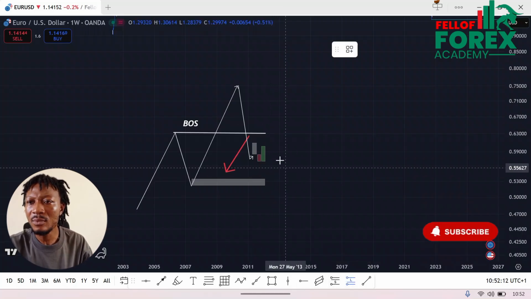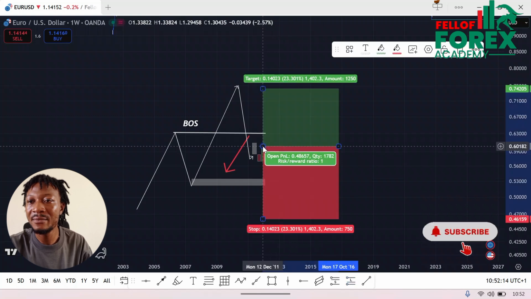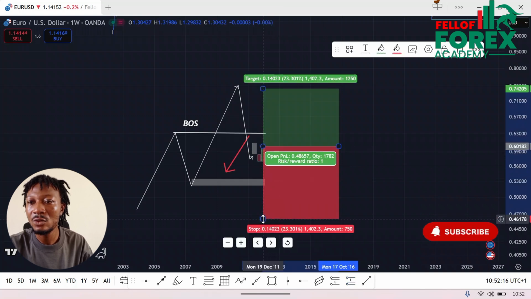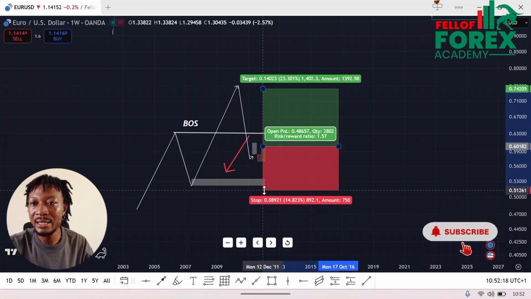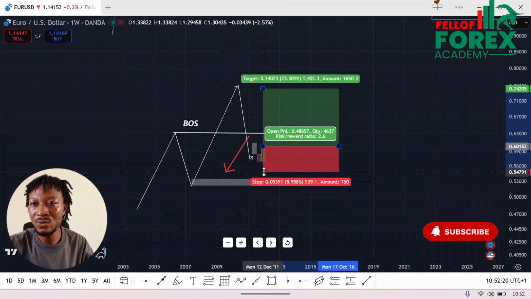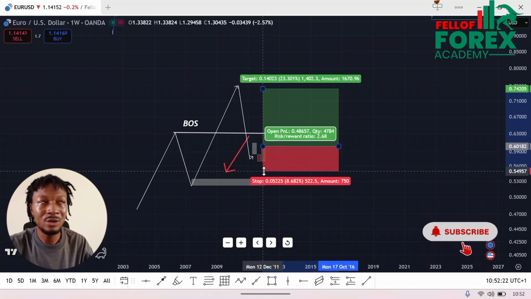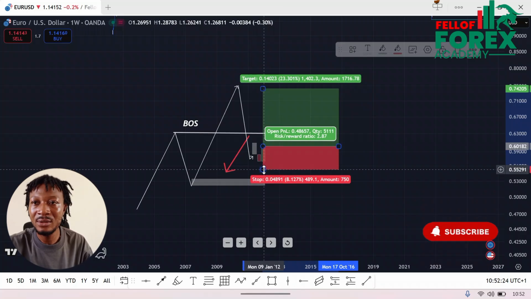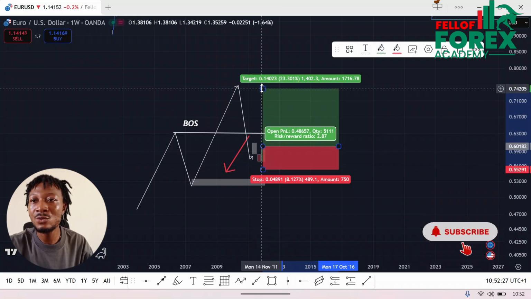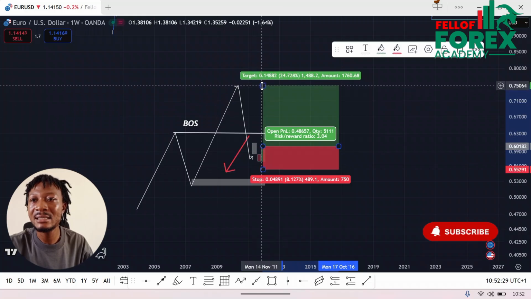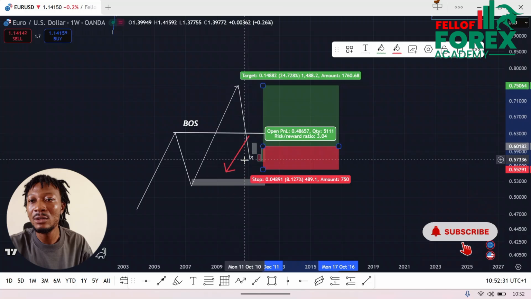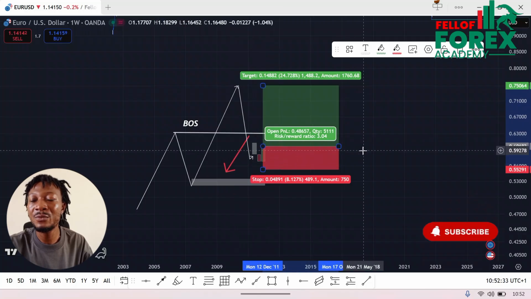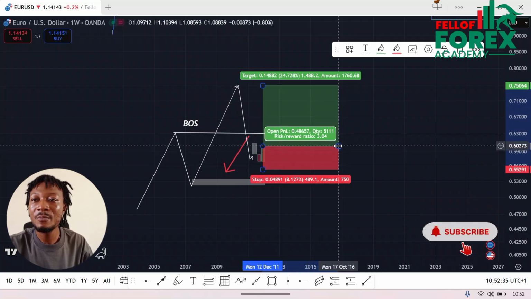So you can buy from here. The best place to place your stop loss is the structural low, but you can as well maintain internal structure and place your stop loss somewhere around, and then you target a 1:2, or you target the highs that led to these lows. This will give you a simple 1:3.